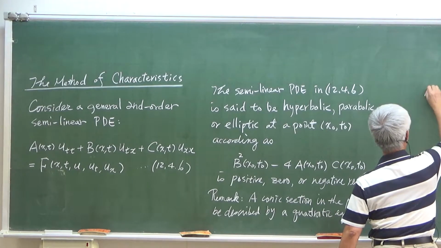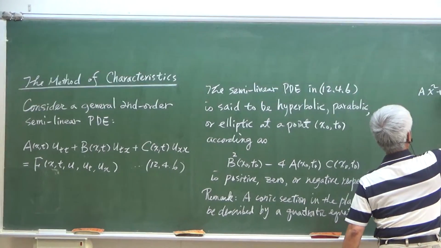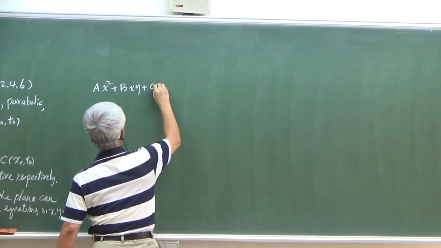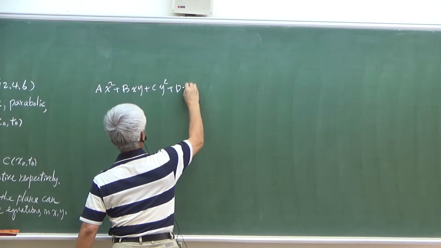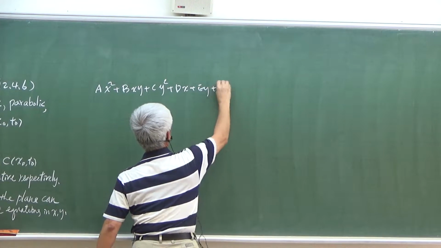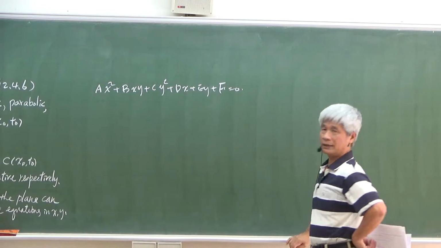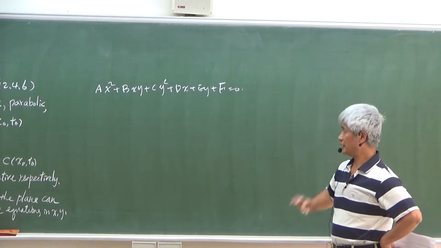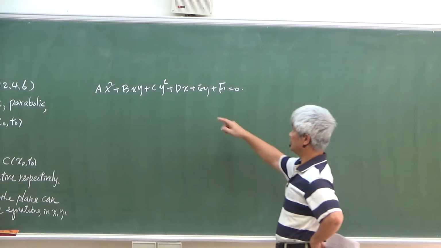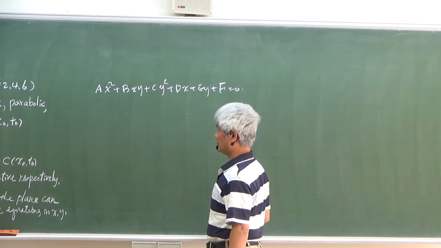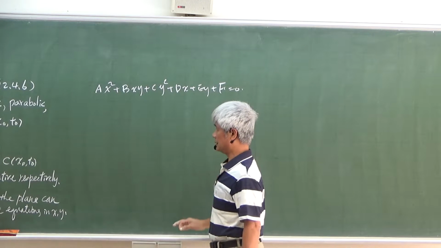Right? So we have a x squared, bxy, cy squared, bx, dy. So in general, a conic section can be described by quadratic equations.